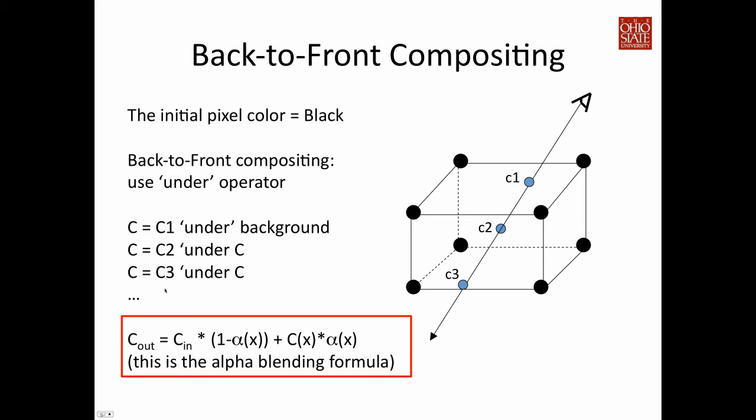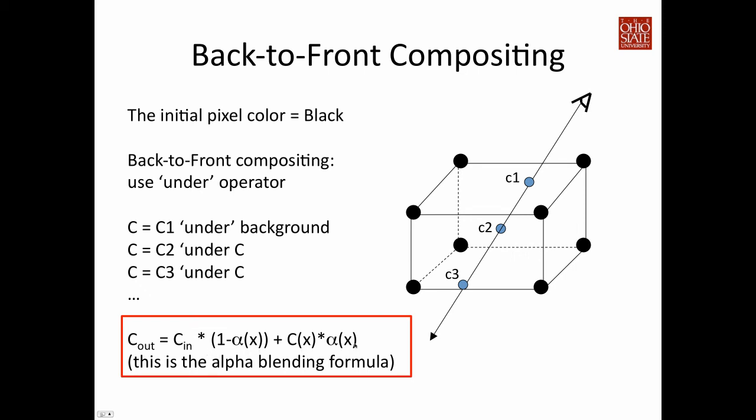I'm going to blend the third point's color and opacity under the ray. And you keep going and so on and so forth. This under operator tells me how to add the contribution from a point that is behind what I have seen so far. And this under operator can be evaluated using this formula.